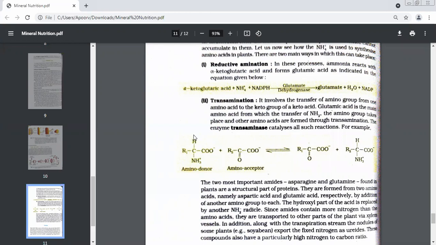Remember, ammonium has to go. So H and NH3. These things which are attached will be donated. So this is gone, this is gone. So what is going to happen now? Look over here. You had R1, R2. What does R1, R2 stand for?